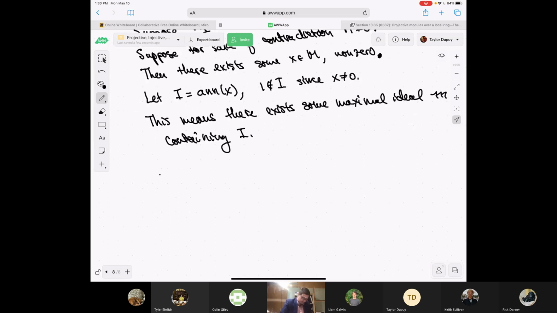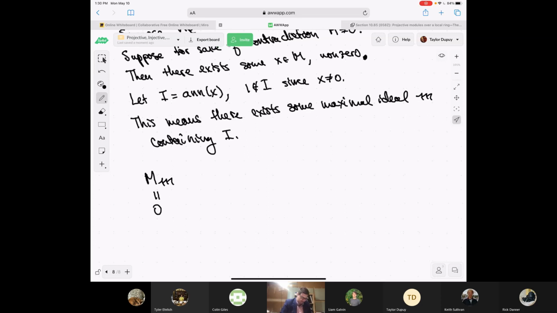Okay, so we have this thing here. This is 0. I'm going to use the relationship between the annihilator and this maximal ideal a little bit later. We know that this is 0, and so this means that x over 1 is equal to 0.